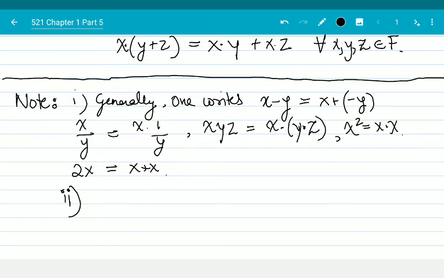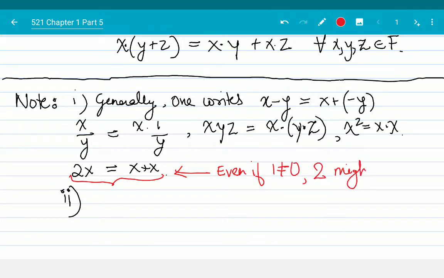A very small note, which we will not be concerning ourselves with: this is a very special case. Even if 1 is not equal to 0, 2 might equal 0.